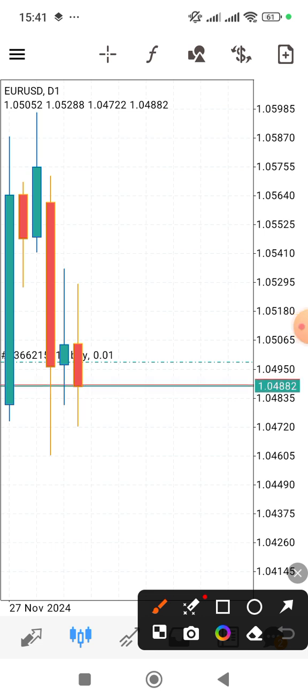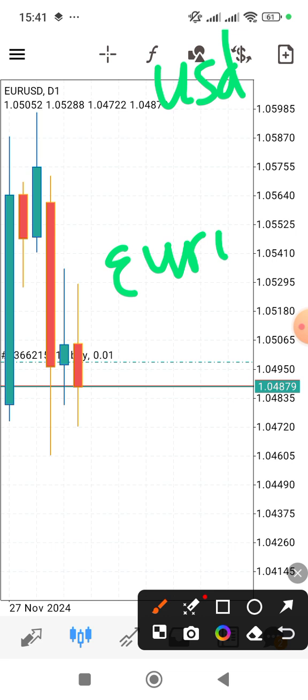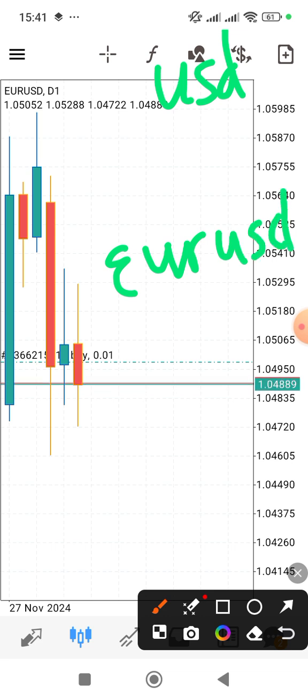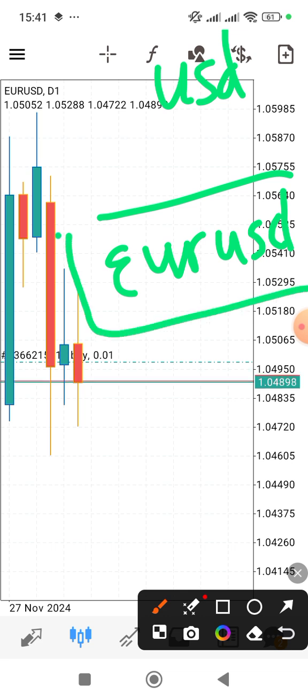So let's say they tell you that the United States of America is growing stronger, and their economy is booming. USD is going higher, and you have Euro USD. That means you want to buy USD, right? You want to buy USD because the news says that the economy is growing and booming. So when you have this pair now, what are you going to do? Are you going to click buy or sell?